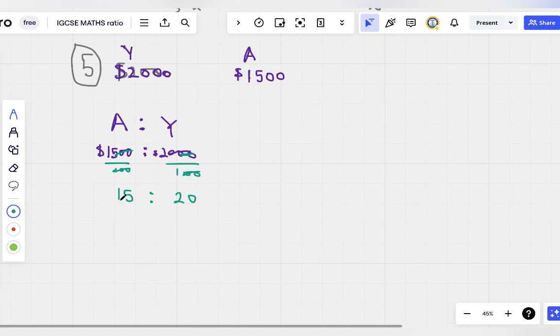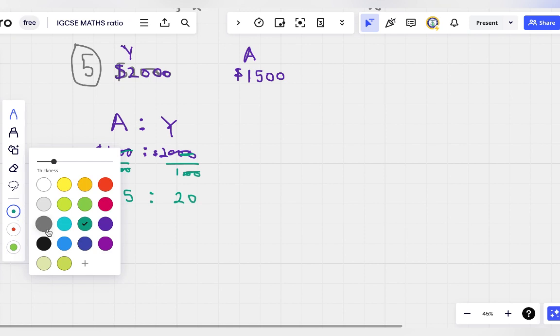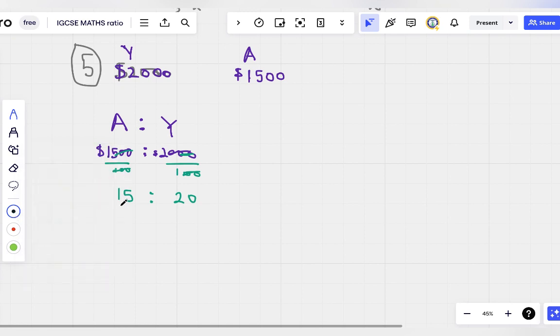If you look at 15 and 20, we can still reduce it further. So we divide by another number that can go into 15 and 20. 5 can go into 15 and 5 can go into 20 without remainder. That's why I said you can divide by 500, because 5 times 100 is 500. But many of you will be confused, so I break it down.